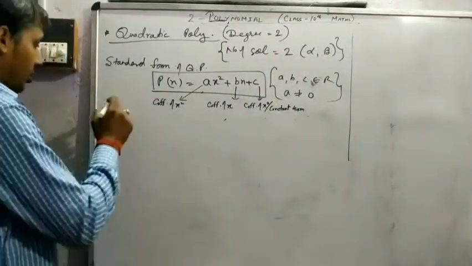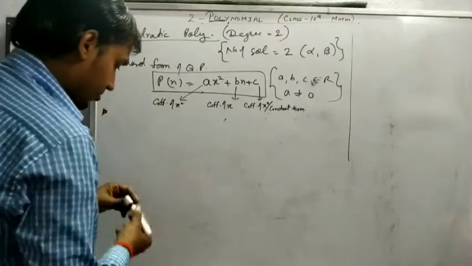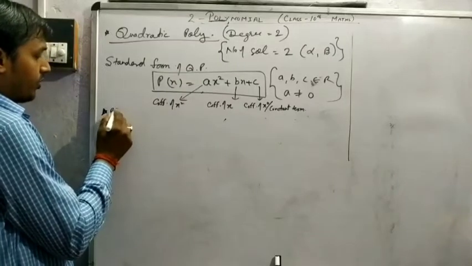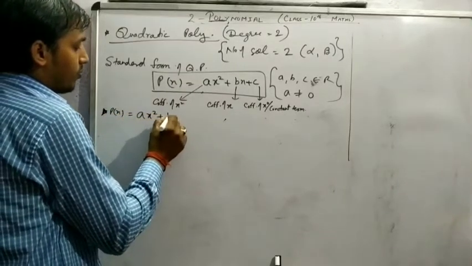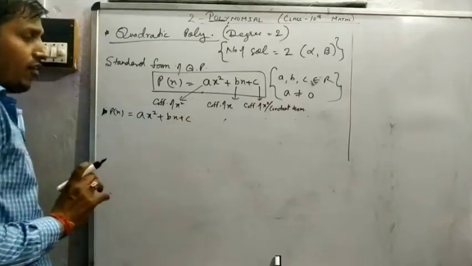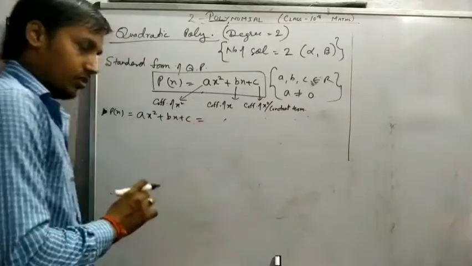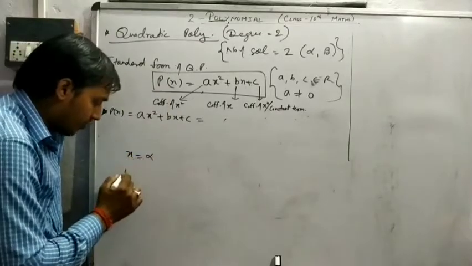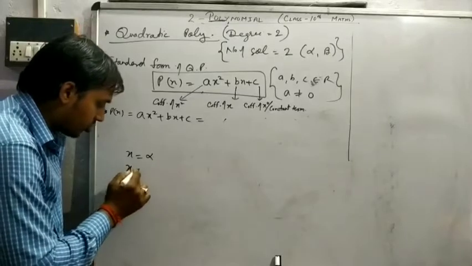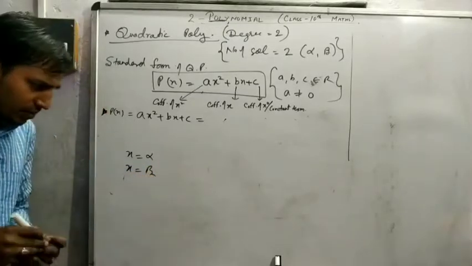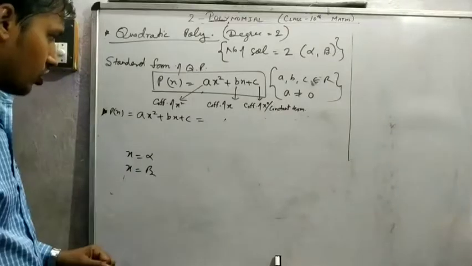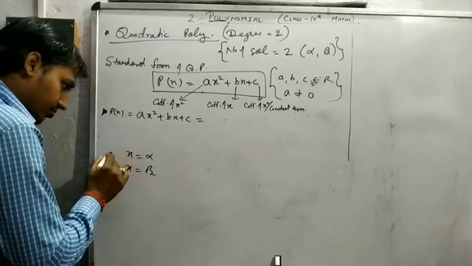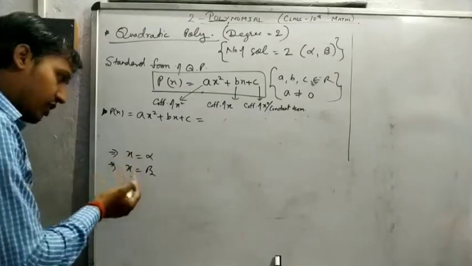Let's see. If I say the polynomial is ax square plus bx plus c, and if you solve it, you get the value x is equal to alpha and x is equal to beta. Some values like x is equal to something we got there. Convert that into factor form.